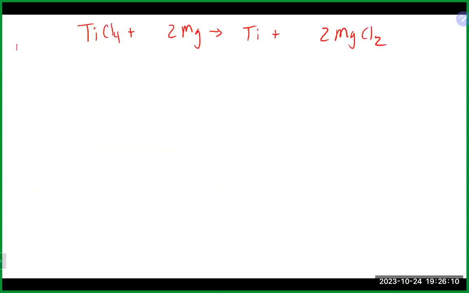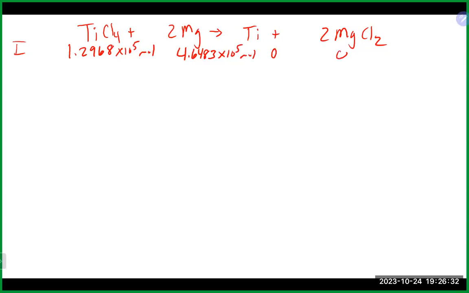We're going to start with our initial moles of each of these guys, and that should be 1.2968 times 10 to the 5th moles, and we got 4.6483 times 10 to the 5th moles of this guy.